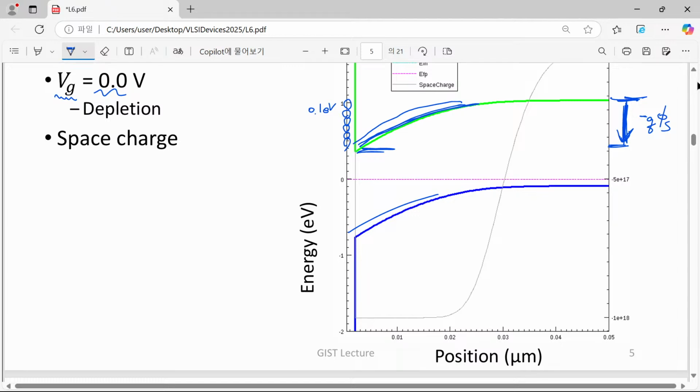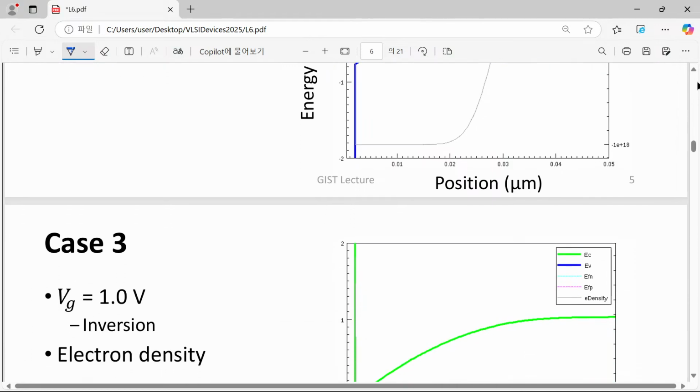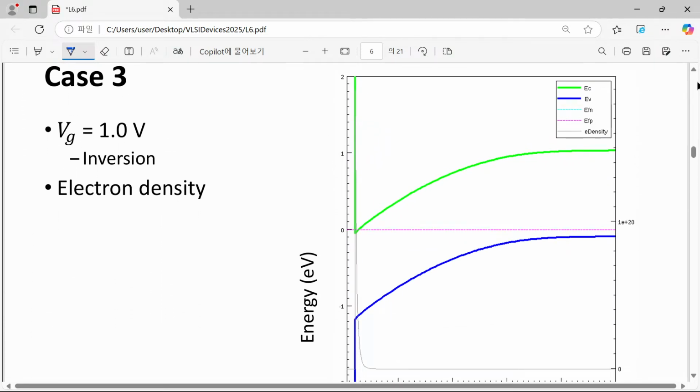This is the situation. Now let's go to an even higher gate bias voltage. Now you can see that Vg minus V flat band becomes 1.94, almost 2 volt. What happens in this case?